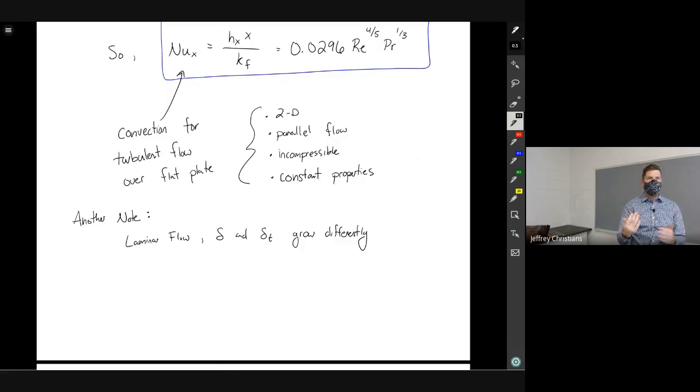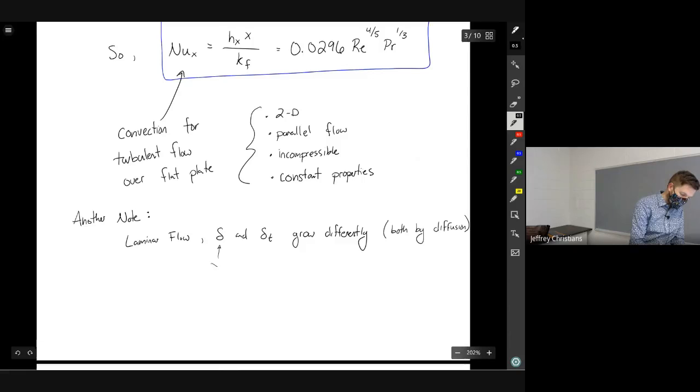Those are both growing by diffusion. So this one is viscosity.